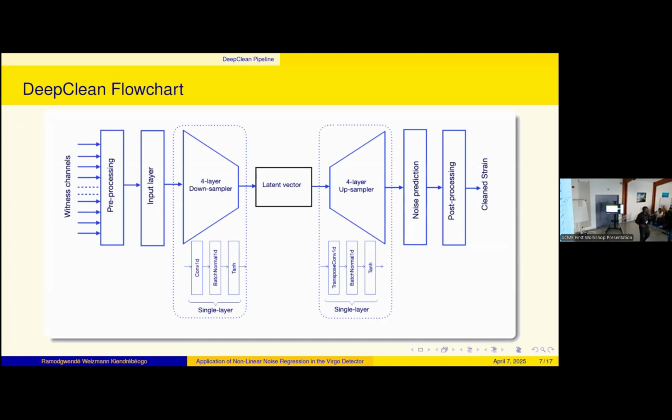This latent vector captures the essential features of the noise. Then a 4-layer upsampler uses this latent vector in order to reconstruct the noise pattern. And then we do another post-processing to be sure that we can remove that noise from the main channel.